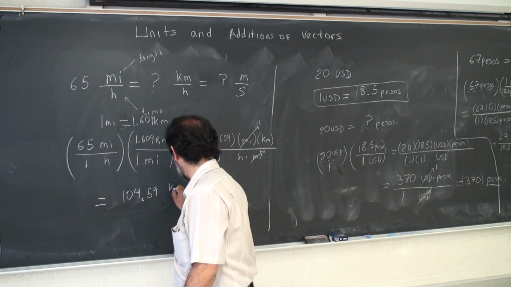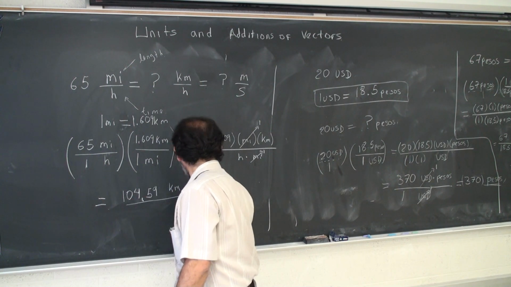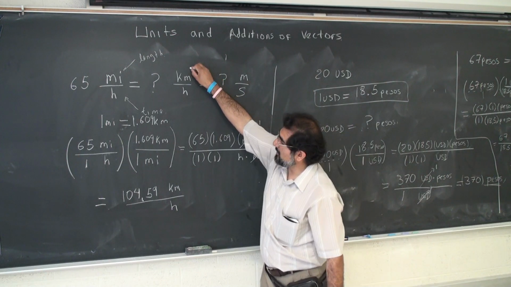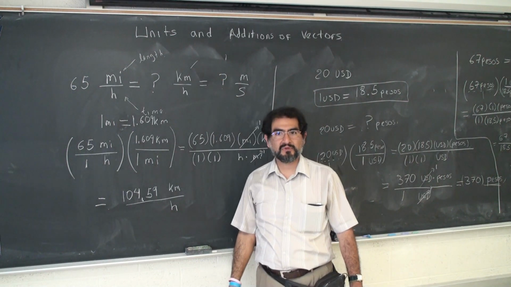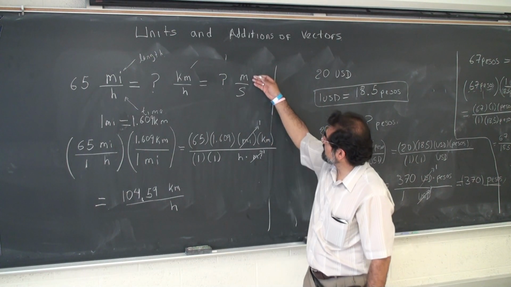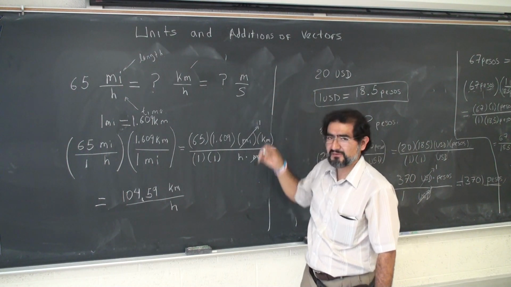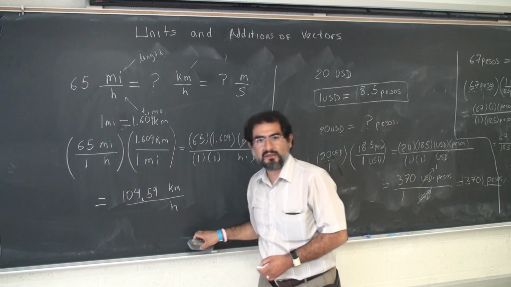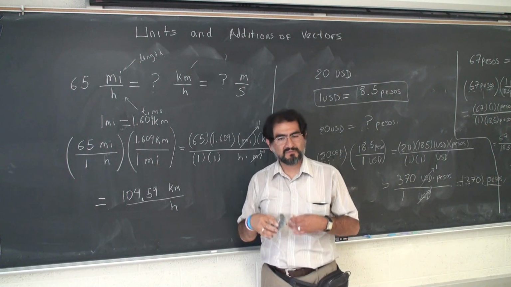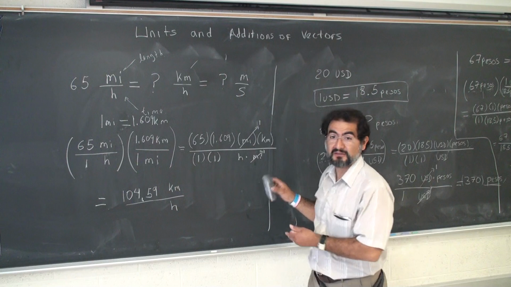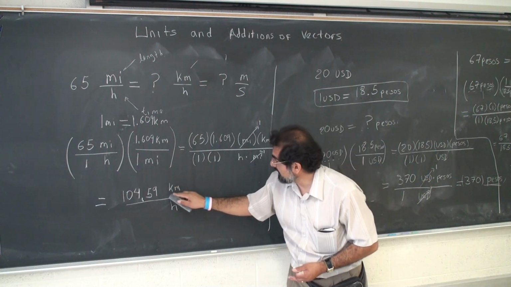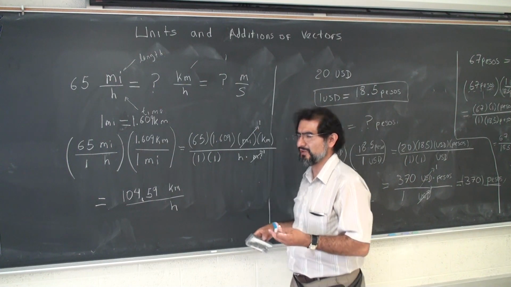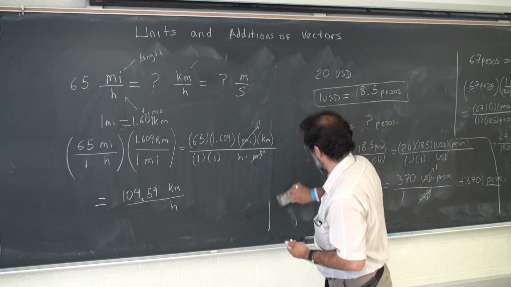So at this point I have kilometers per hour. We already have the first transformation. But what about meters per second? In a next part, I'm going to explain that we are going to use scientific notation, and it's going to be very simple if you remember some prefixes.